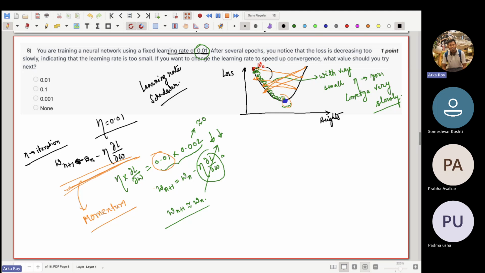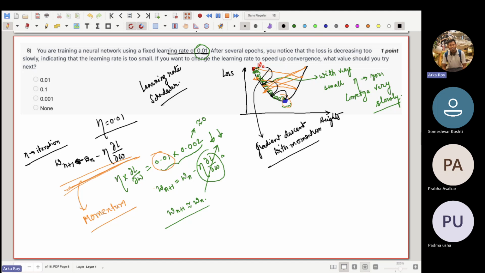Therefore, instead of doing small step updates with the same learning rate, within a very small number of epochs you will converge. This black curve is gradient descent, and this one is with momentum.